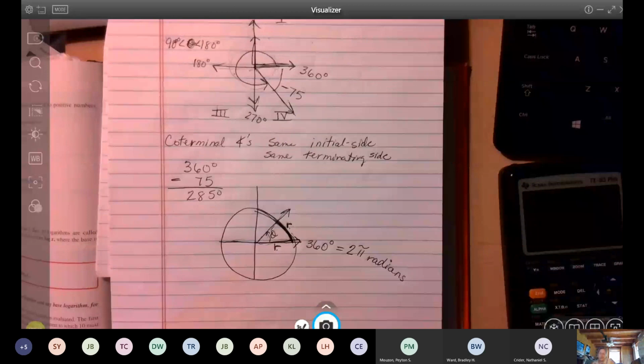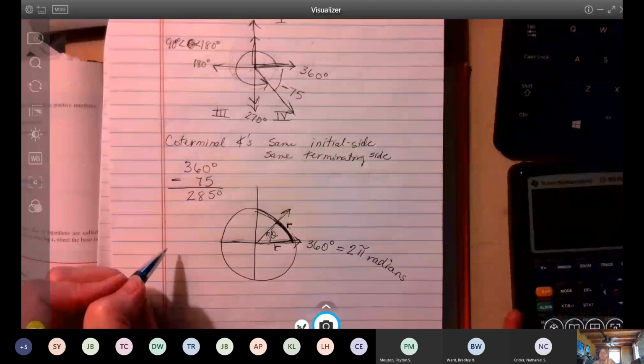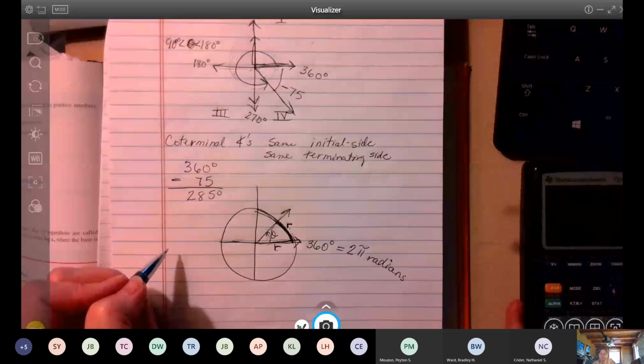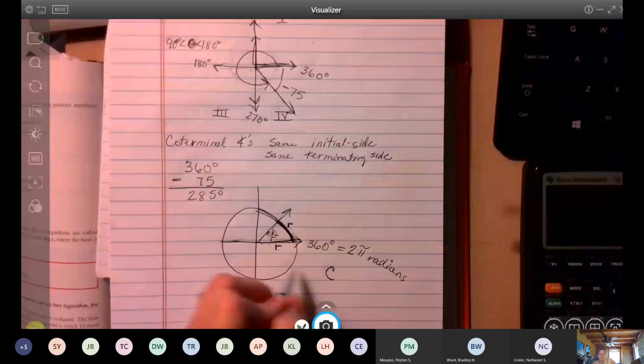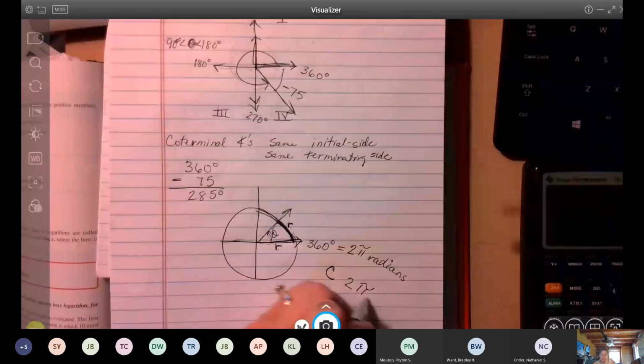And that's how they came up with the formula for the circumference of a circle, 2 times pi times the radius. So the radians times the radius of the circle gives you the circumference of the circle.